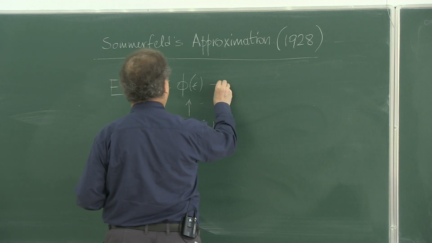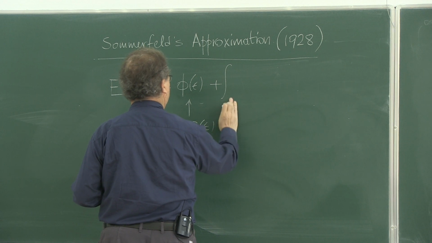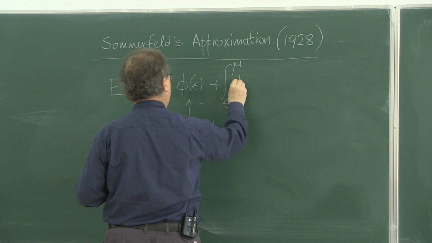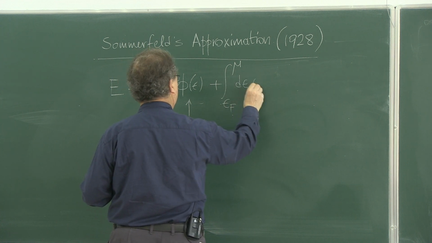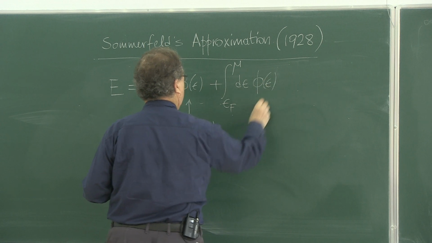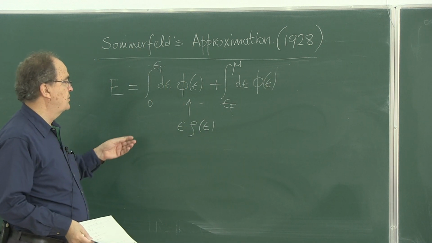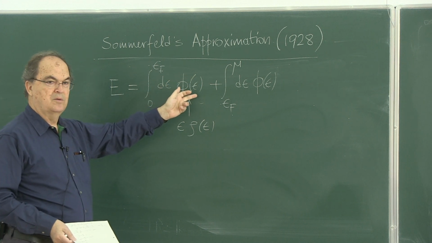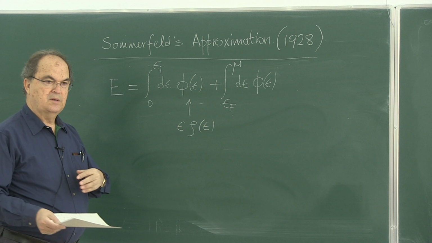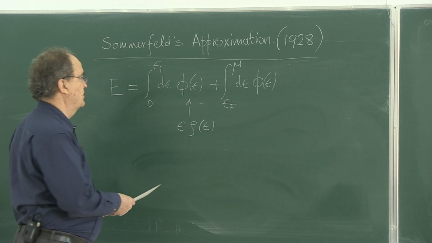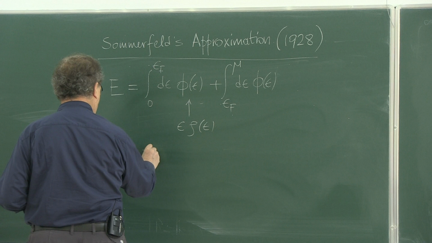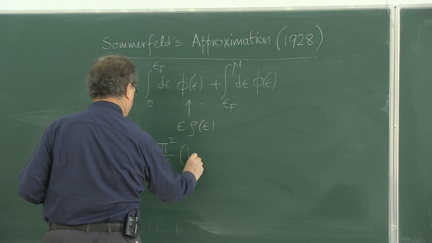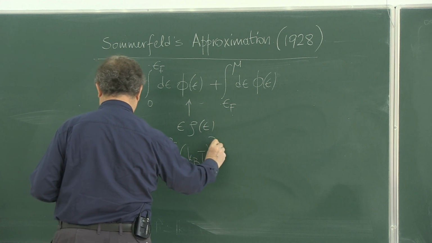So this is the two parts. So the actual form of this is an integral from 0 to mu of dE phi. Dividing it into 2, you get this expression. And the first correction, as always, squared.